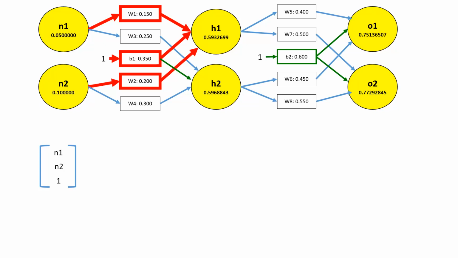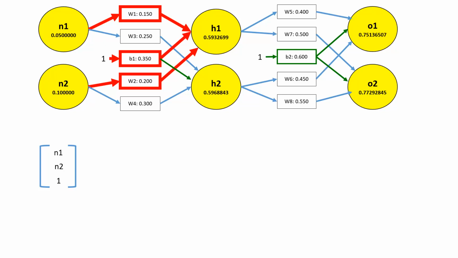So to simplify the model, the bias value is presented as a weight on a synapse, or on an edge, leading into the hidden layer. Now in our case, the value leading into H1 and H2 is the same bias value. So to simplify the math here, we can put an imaginary 1 before the synapses that carry that bias into the hidden layer. And the reason for that is quite simple. 1 multiplied by anything else results in the same value. So in our example, the bias of 0.35 after it's multiplied by 1 is still 0.35.